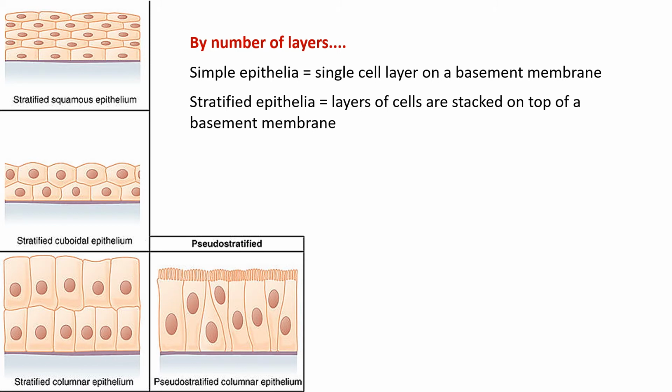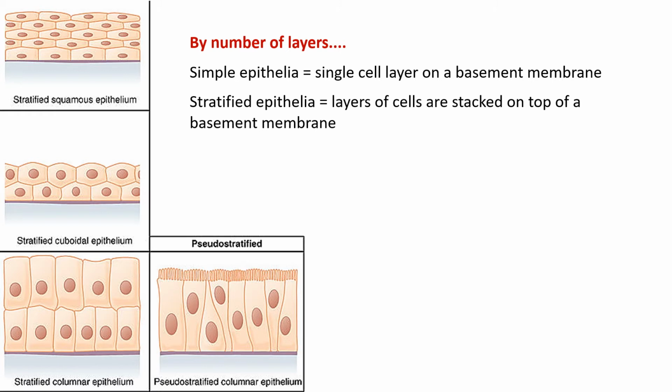And you can see at the top there we have stratified squamous epithelium. So we've got squamous shape cells with multiple layers. It's not simple, which would be one layer. It's stratified. It's got multiple layers, and right at the bottom, it's got a basement membrane.